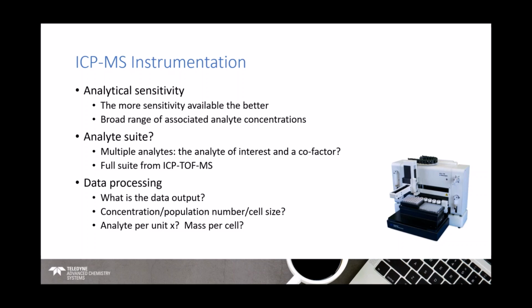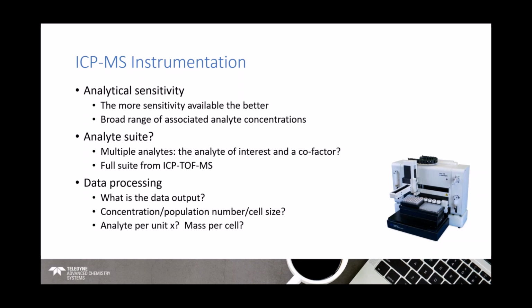And then once you've got that data, what do you do with it? So there's a number of types of data that you can take from this. Much like you're doing with standard ICP-MS, you can convert the data into concentration data.